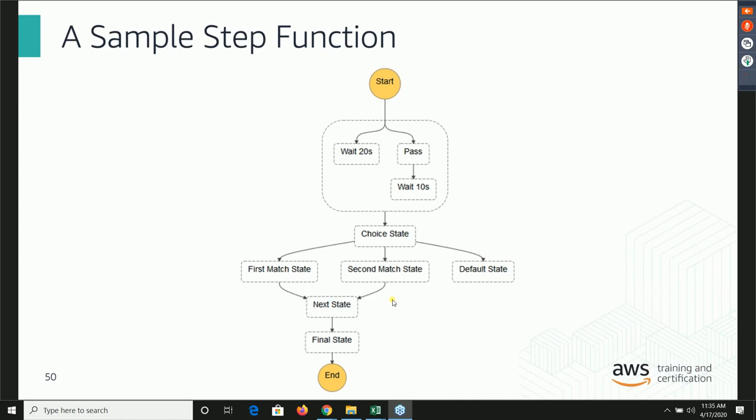It's called the Amazon States Language specification that step functions use, and it allows you to define the state transitions between various functions, how each function gets invoked, and when. And there are different workflows, including parallel execution, decision trees, and so on, that you can emulate with functions using this service.